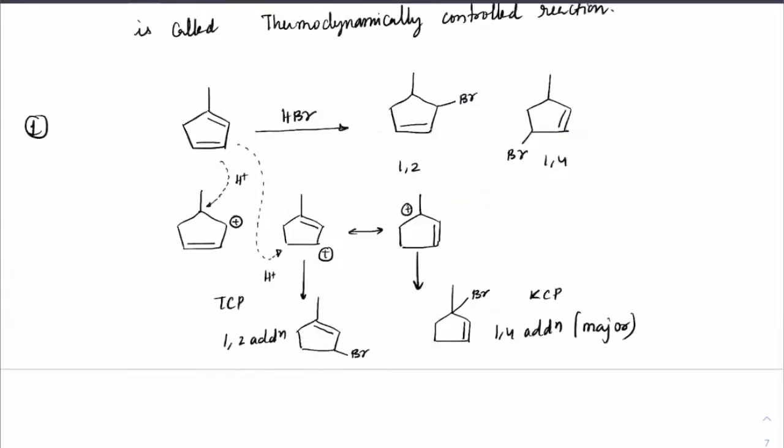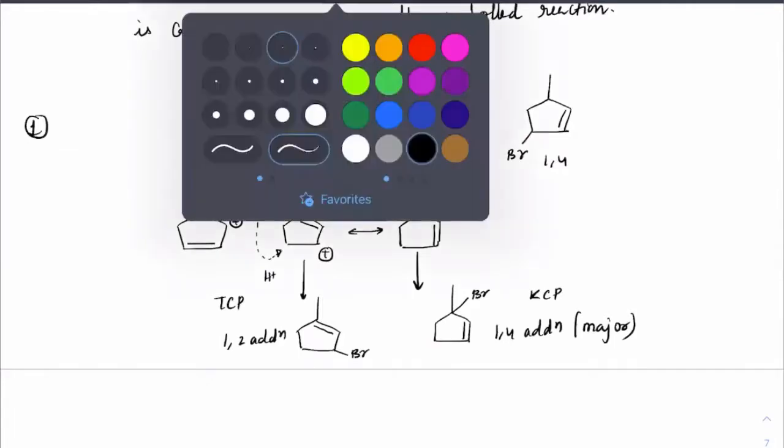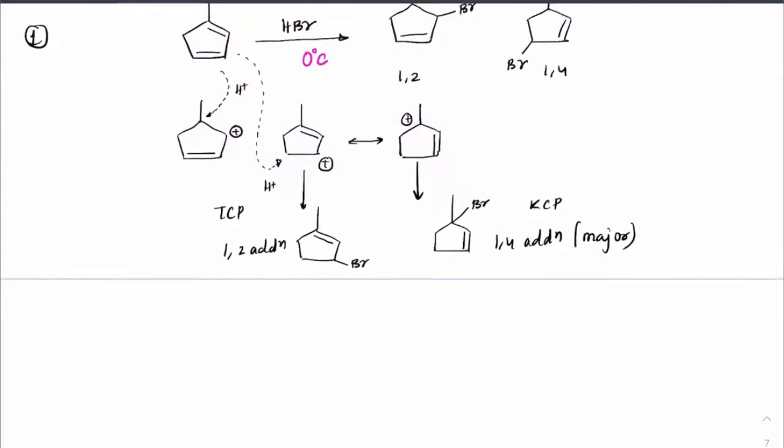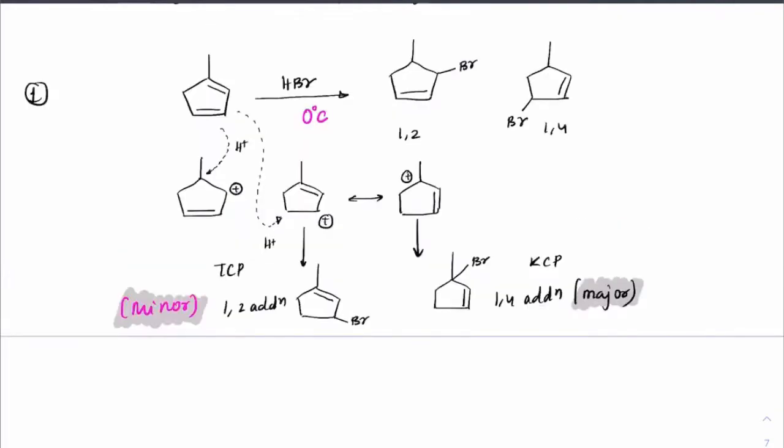Right, students? So in case the temperature is provided, like 0 degrees, now you can comment that this will be the major product and this will be the minor product. Major and minor are only subject to temperature. If you are taking at 0 degrees, it will always go for the route where more stable carbocation is formed.